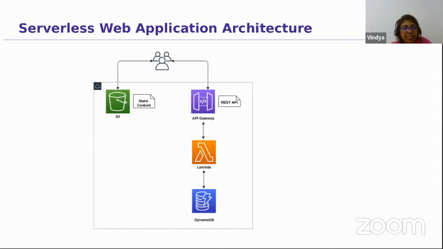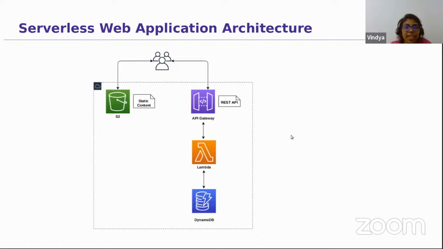But here, the interesting thing is you don't have to. This would be the final architecture, because you don't have to worry about scaling. It will scale automatically. You don't have to worry about availability. All these components are fault tolerant and highly available. That's one of the main advantages, I would say.